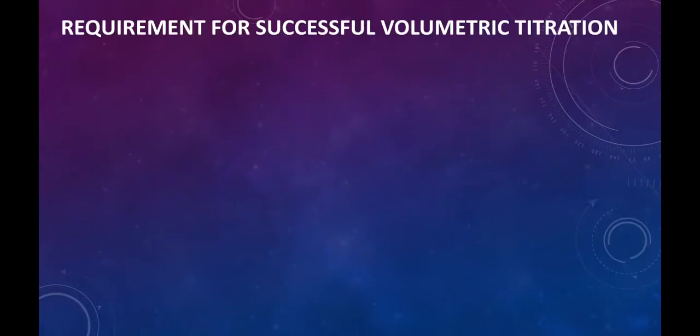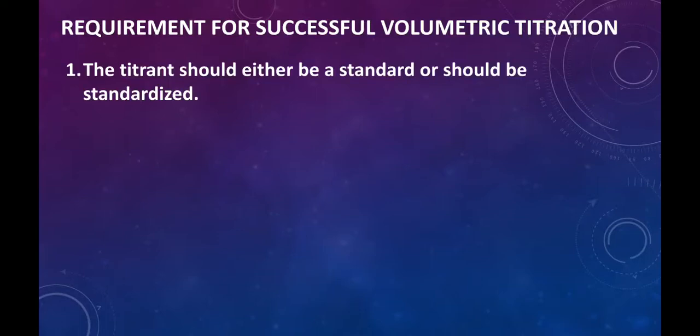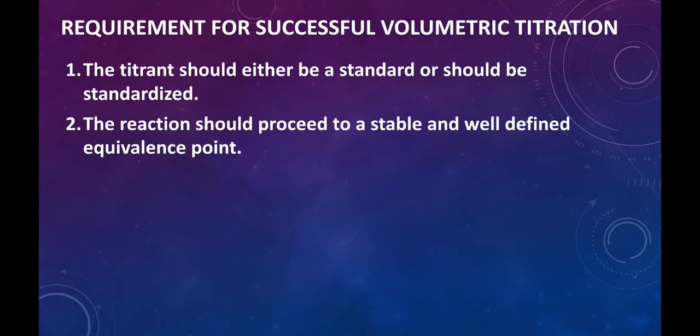What are the requirements for a successful volumetric titration? First, the titrant should either be standard or should be standardized. Second, the reaction should proceed to a stable and well-defined equivalence point.